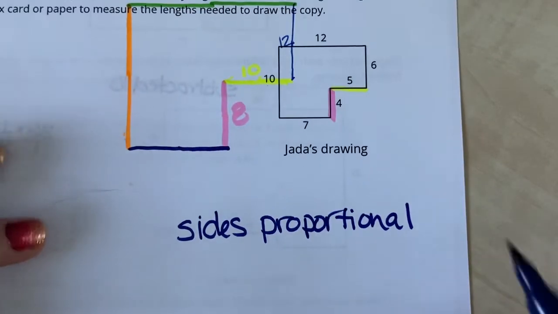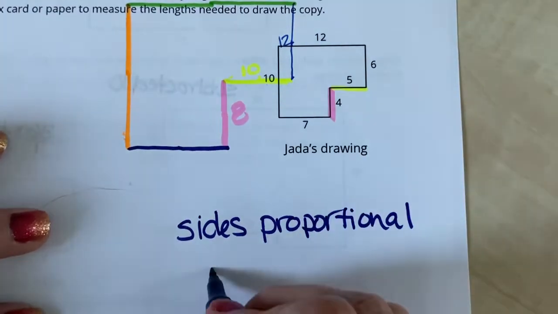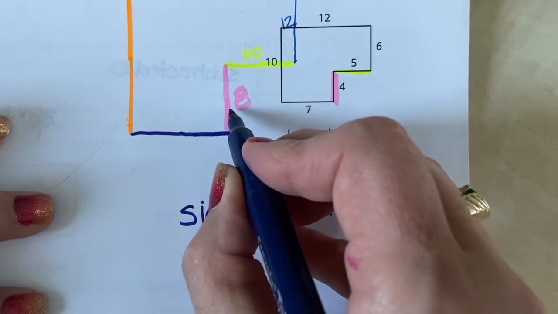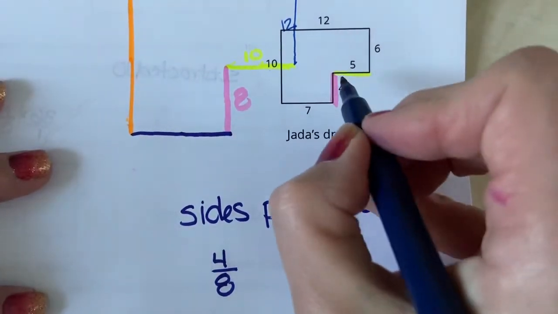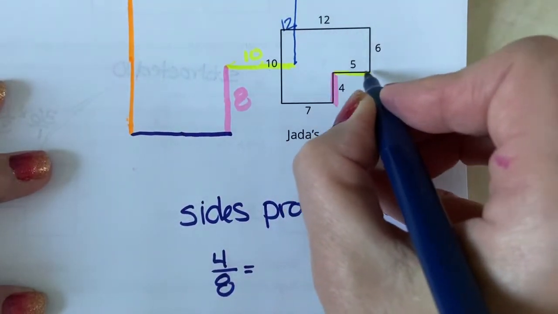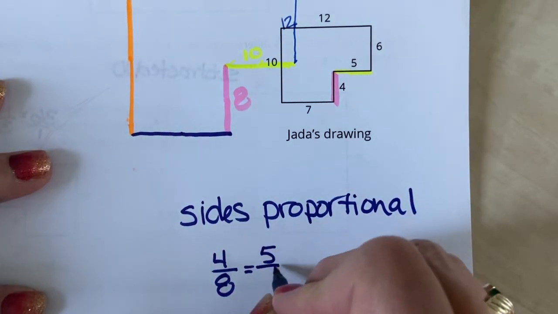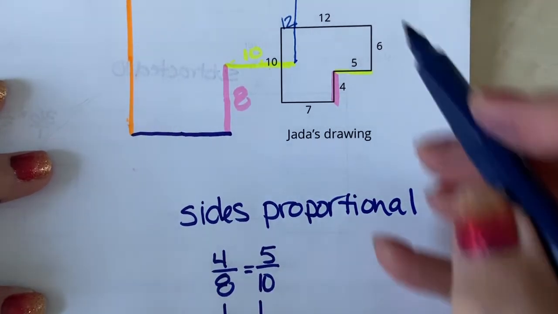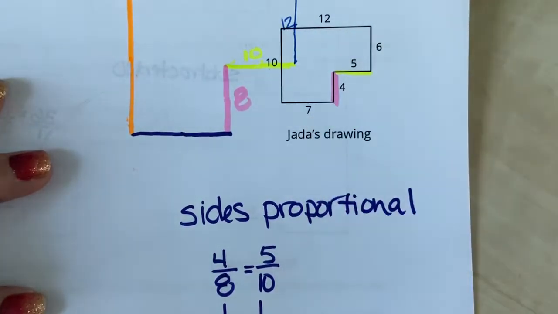All right, so that means that my matching sides, my 4 side over my 8 side, okay, so this side over this side has to equal every side over the other. So it has to equal the 5 side over the 10 side. Okay, if I reduce this, I get 1/2. If I redo this, I get 1/2. Okay, so all of my sides are going to do 6 over 12 is going to be 1/2. 12 over 24 is going to be 1/2.